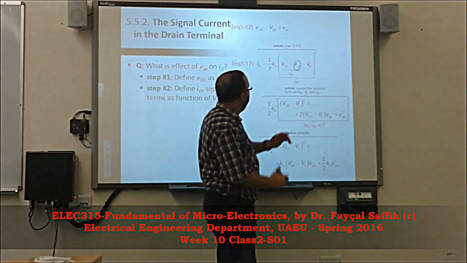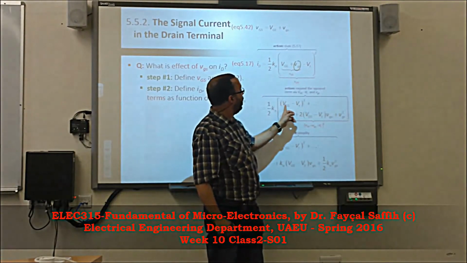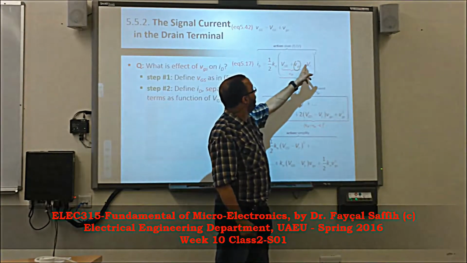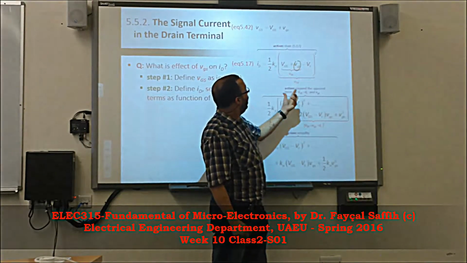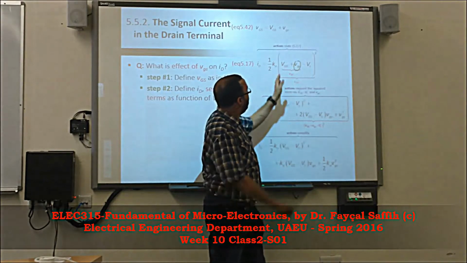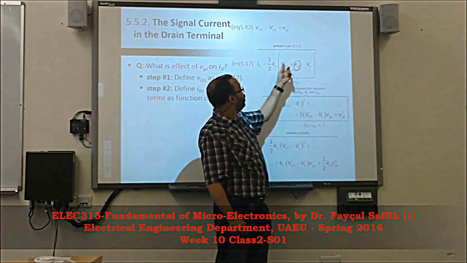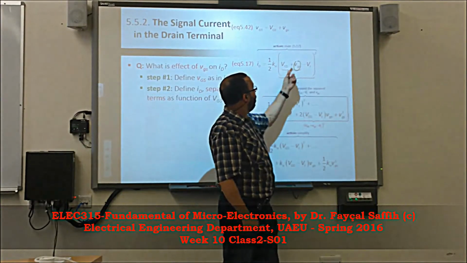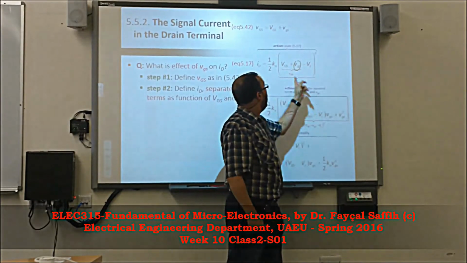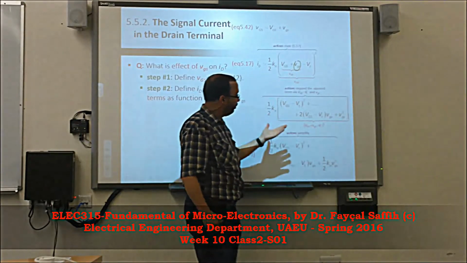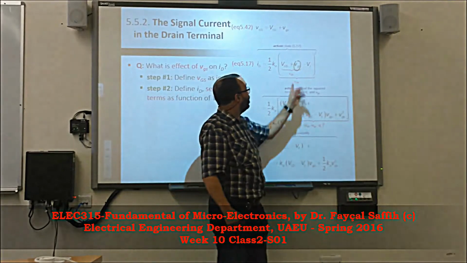We just replace VGS by putting this together, minus VT, with the big VGS, and we have VGS alone. Then we expand this. We calculate it: it has VGS minus VT squared, plus vgs squared, and we have 2 times VGS minus VT times vgs. That's basically nothing but this square.